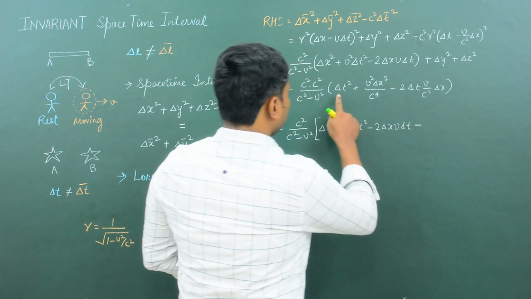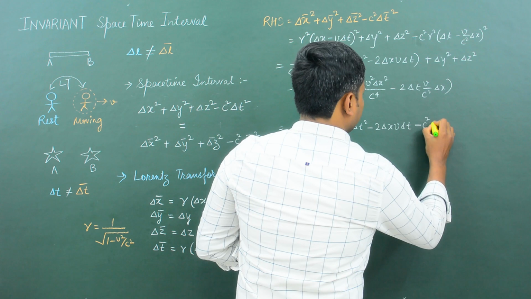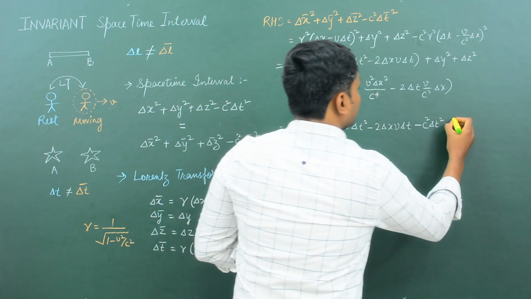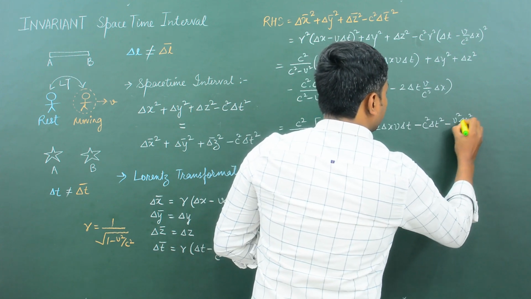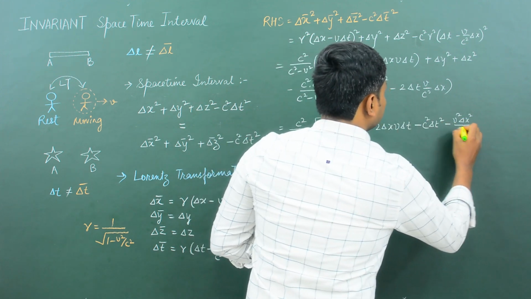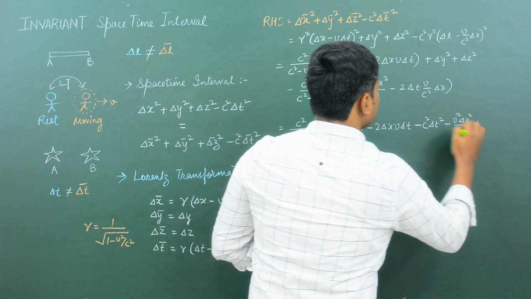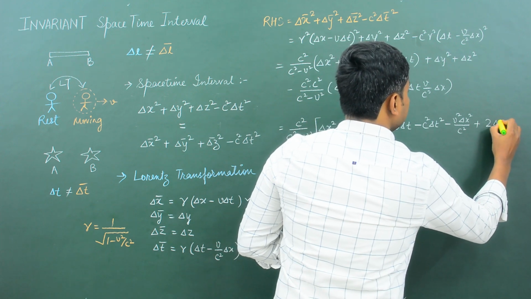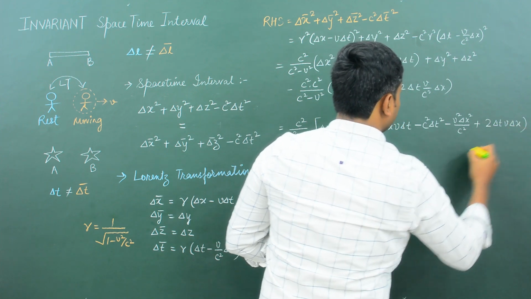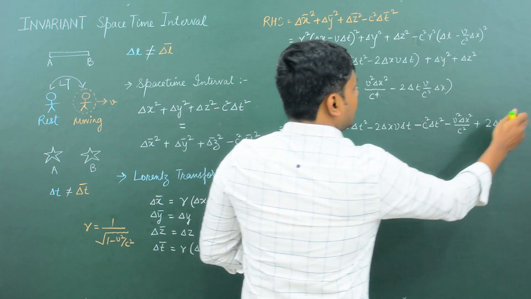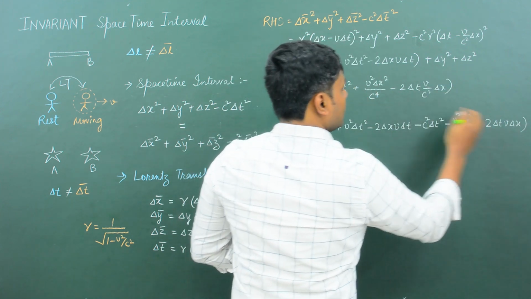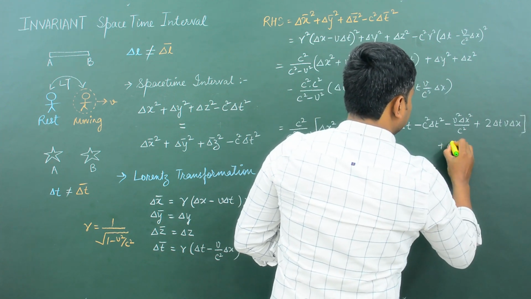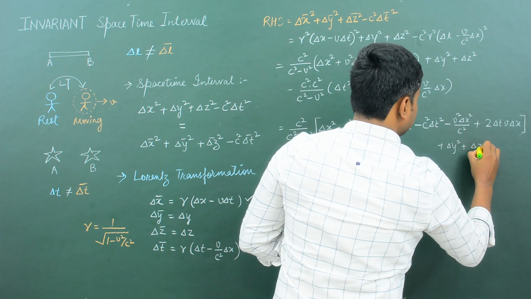The first term becomes negative c square del t square. The second becomes negative v square del x square upon c square, and finally, negative becomes plus, the c square vanishes, and we get 2 del t v del x. And the remaining are plus del y square plus del z square.